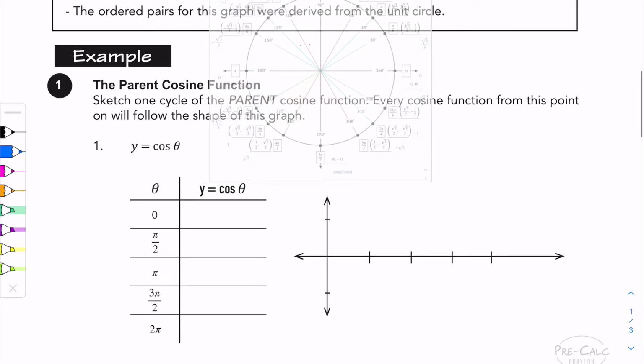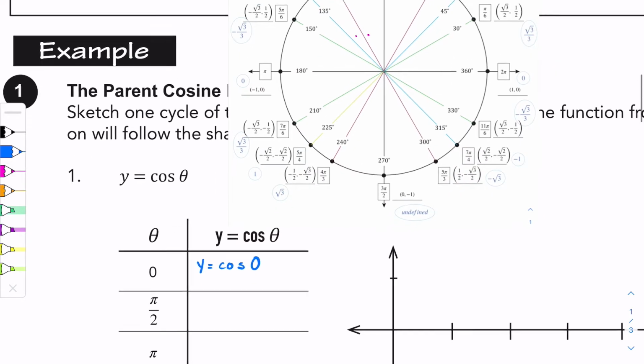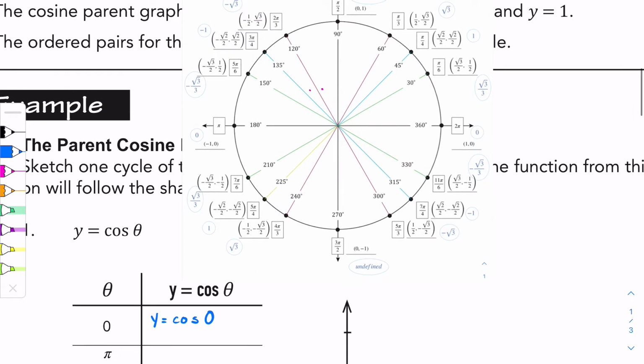Starting with 0. If we start with 0 for our parent function, that means we're looking for when theta is equal to 0, what is the cosine value? If I scroll up, when theta is 0, meaning 0 degrees, or 360 degrees, either way, it's the same point.